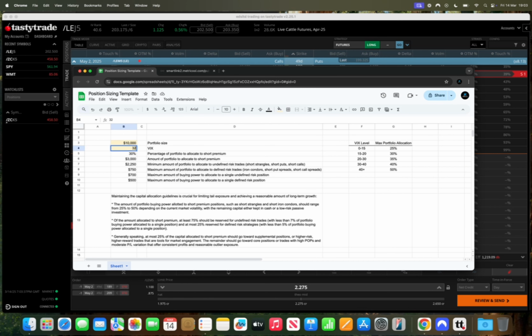So say if it was 32.8, and then as you can see, everything is automatically calculated for you. All you need to do is just use this information to form the backbone of your portfolio, and you will be absolutely fine. There are other futures underlyings that you can trade that have even lower buying power requirements. You can move your strikes to lower deltas, and that will reduce your buying power requirement as well. So futures is very flexible and it's perfect for smaller accounts.